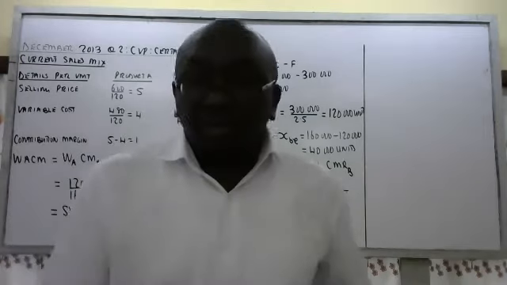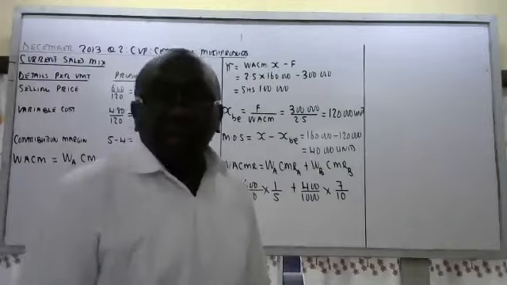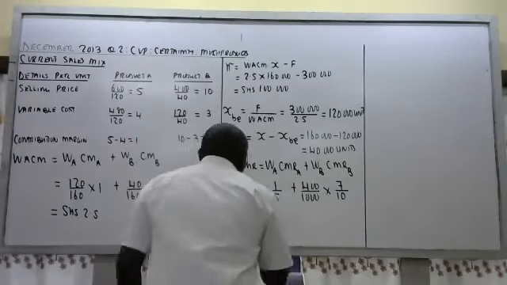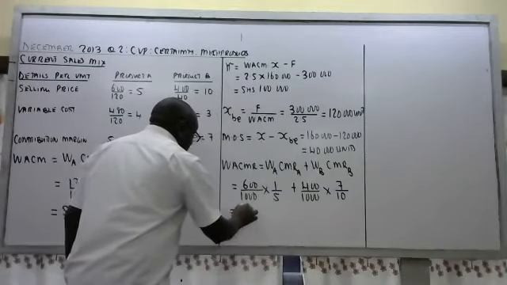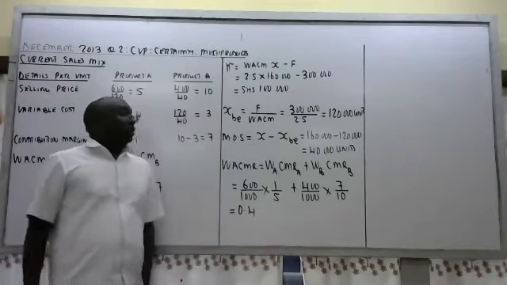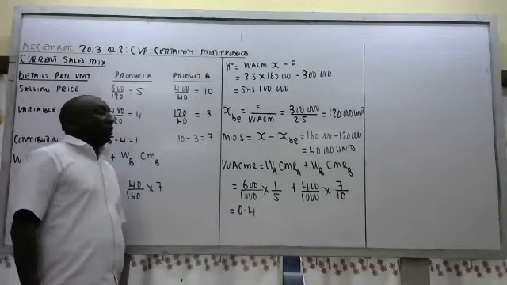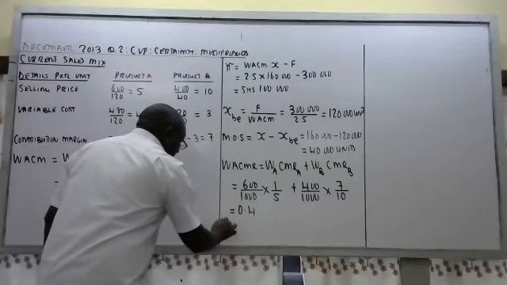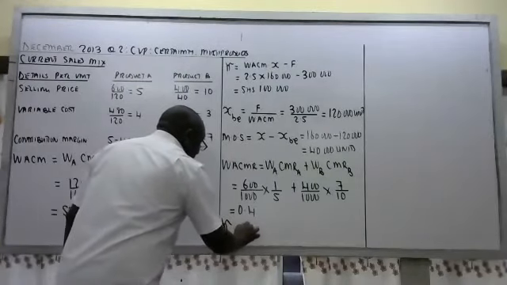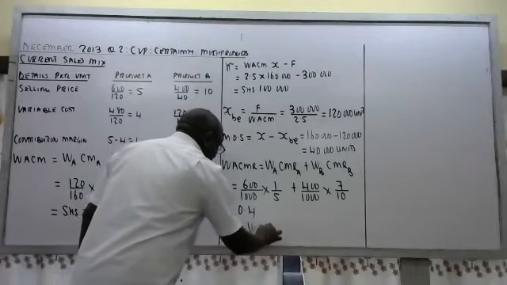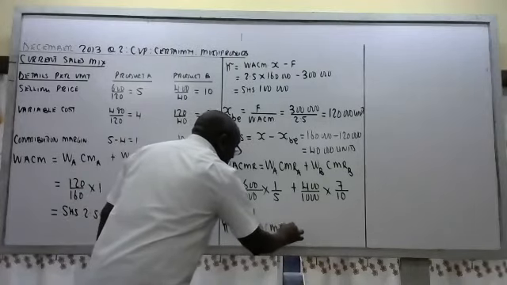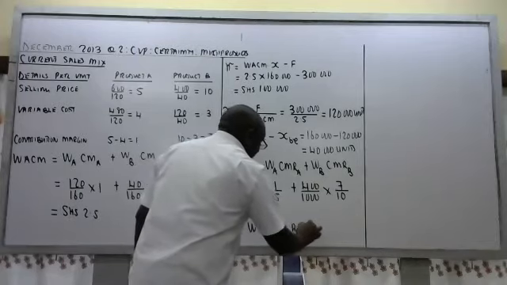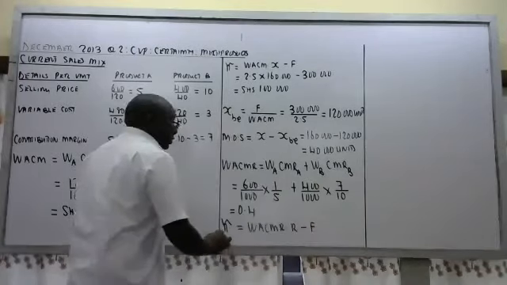Yes, I can see June, Jack, 0.4. So this is 0.4. So if you are told to get the profit, it will be WACMR multiplied by revenue minus the fixed costs.